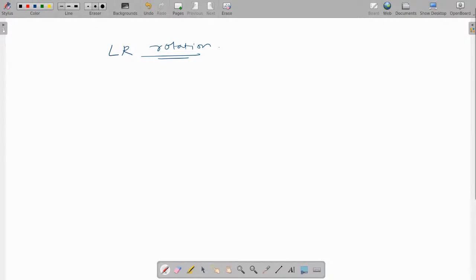When will this happen? Suppose I get an array of elements like this: 12, then 10, and then 11. How will the tree be constructed?